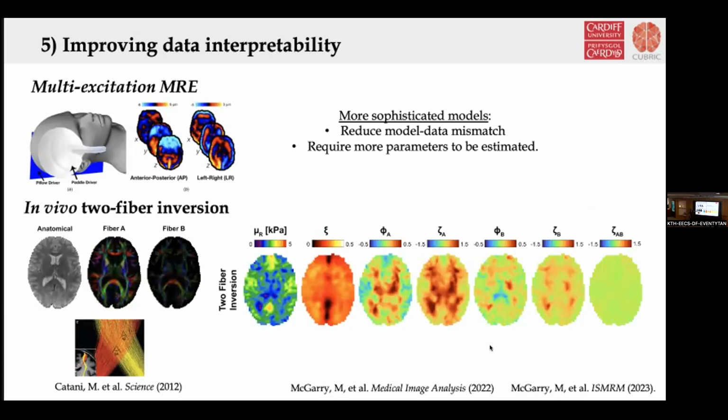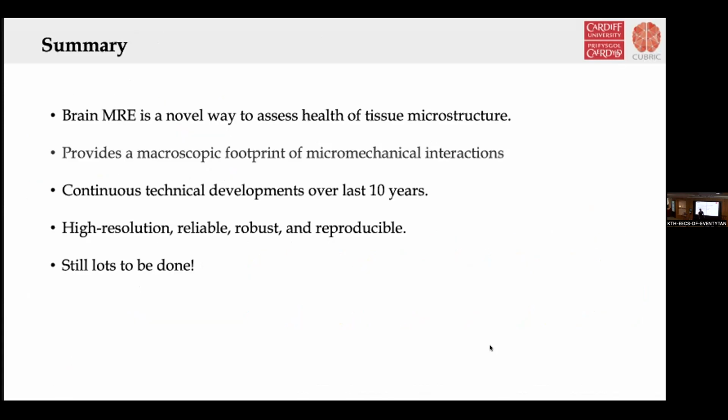With DTI, you can get your primary and your secondary fibers. We know a lot of fibers are crossed, and then you get your standard imaging parameters, shear stiffness, damping ratio, but also tensile and anisotropy measures as well, which could be useful in certain diseases.